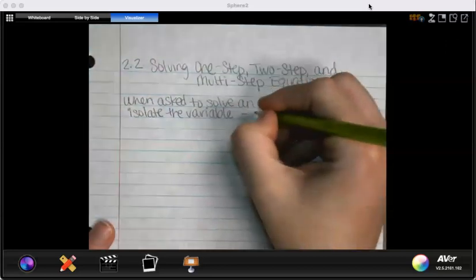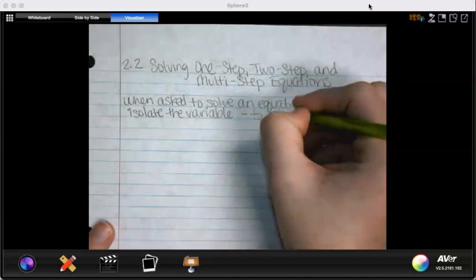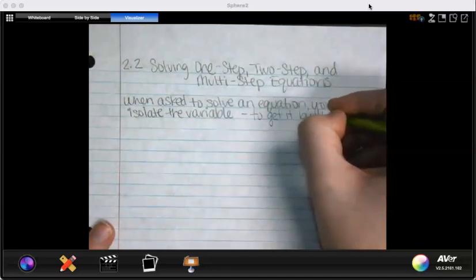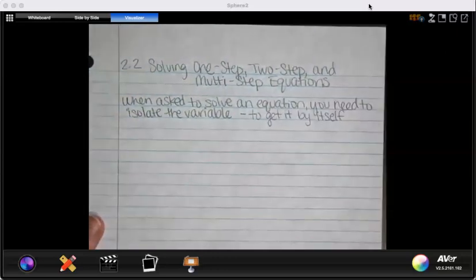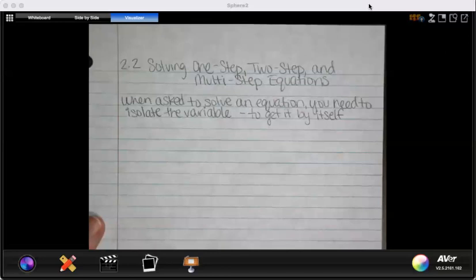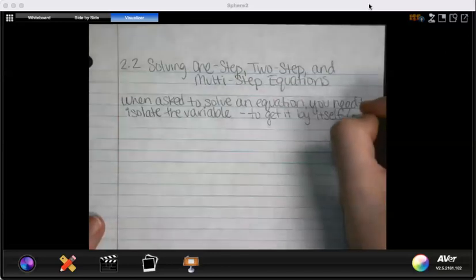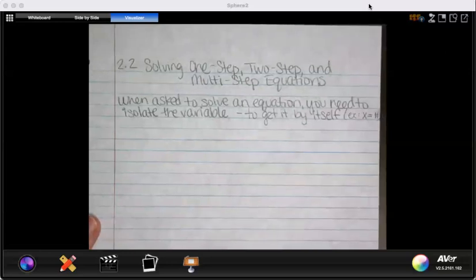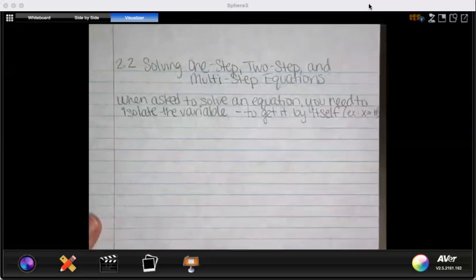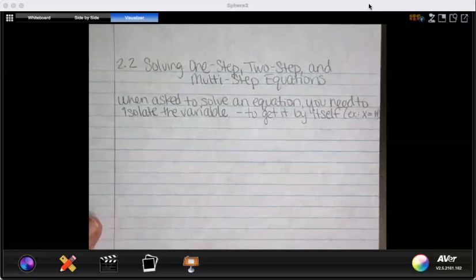Or in other words, you need to get it by itself. So for example, having x equal a number. So when asked to solve an equation, you need to isolate the variable, or in other words, to get it by itself, whereas you have x equals a number, or so forth.